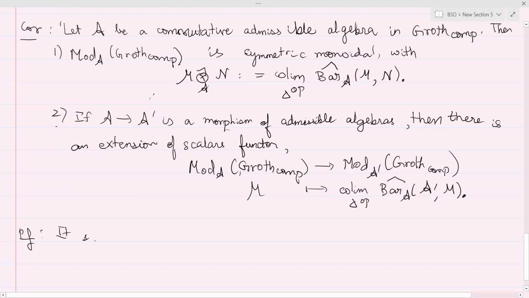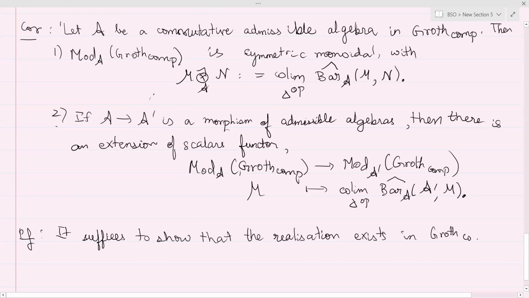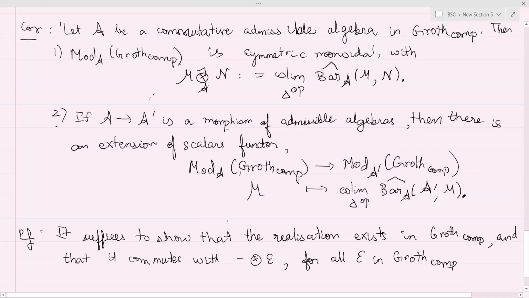Firstly, it suffices to show that the realization exists in Groth comp, and that it commutes with this functor for all objects C in Groth comp, and it's a completed product.